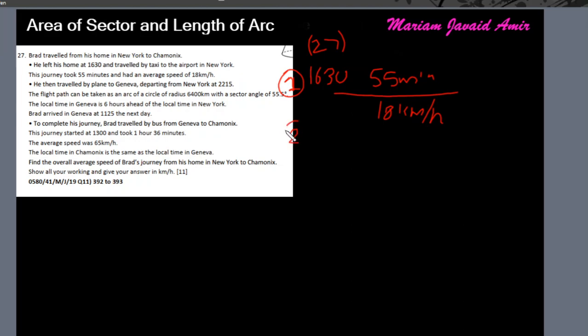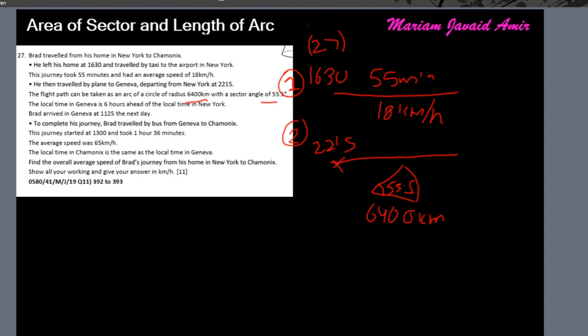Then we're told that he traveled by plane to Geneva, departing from New York at 22:15. The flight path can be taken as an arc of a circle with radius 6400 and sector 55.5. The local time in Geneva is 6 hours ahead of the local time in New York.